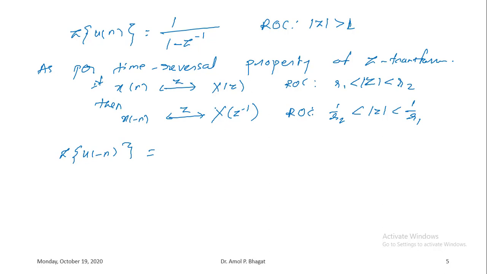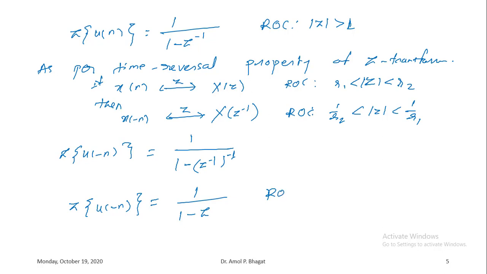So in place of z, I substitute z inverse, in 1 minus z inverse to the power minus 1. This will be simply 1 upon 1 minus z. That will be the z transform of u of minus n.